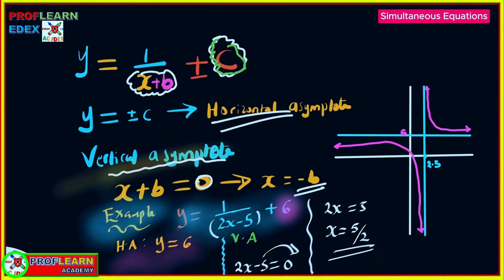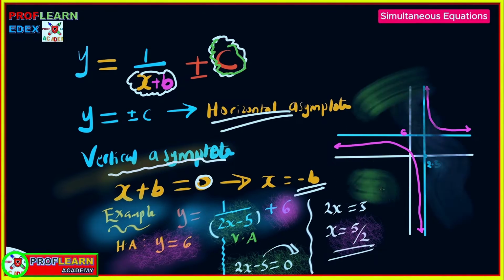But for the vertical asymptote, we are going to take 2x minus 5 equals 0, then make x the subject, and that translates to x equals 5 over 2 as the vertical asymptote. For the vertical asymptote, take the denominator, 2x minus 5 equals 0, and make x the subject of the formula.